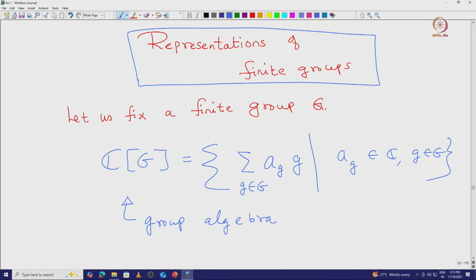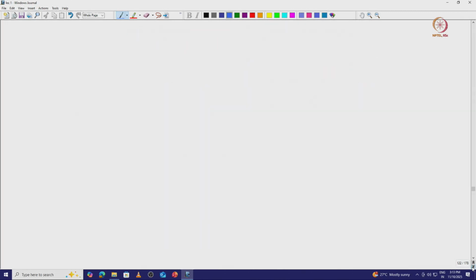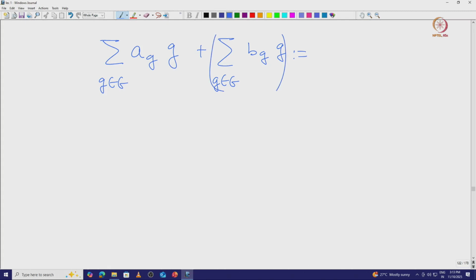Let me recall how the addition is defined. You take the summation of a_g g plus the summation of b_g g. All we do is coordinate-wise addition, so this is defined to be equal to the summation of (a_g plus b_g) g.